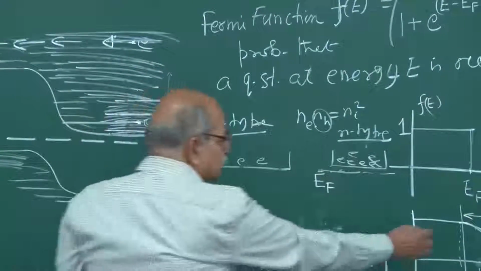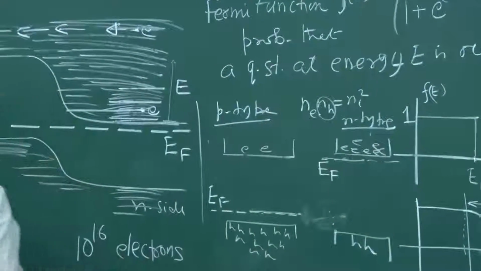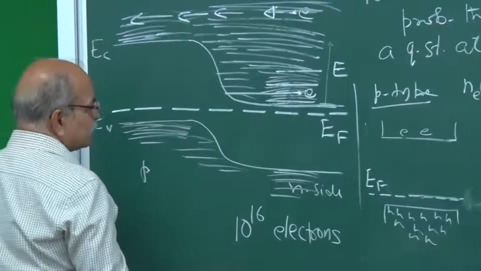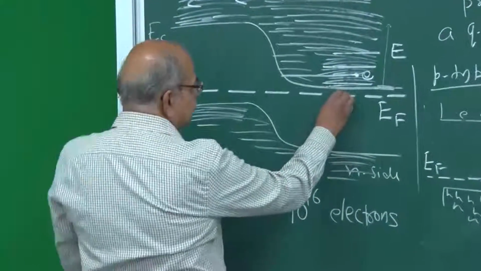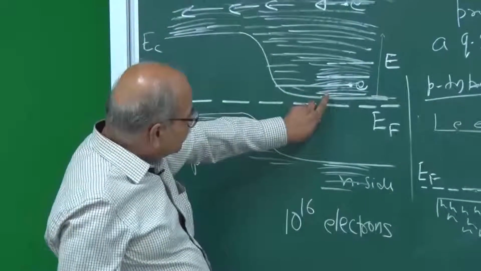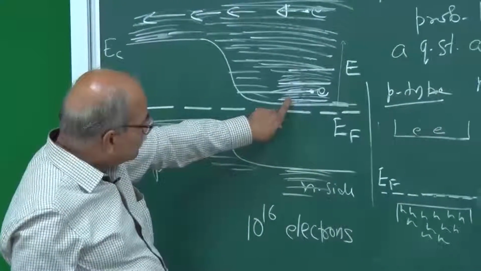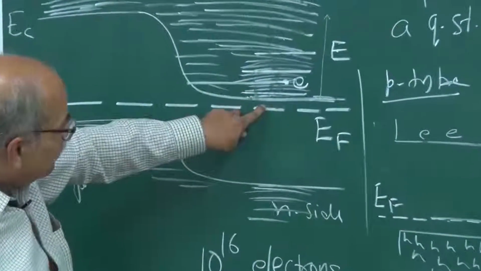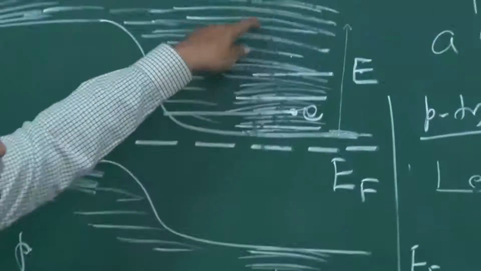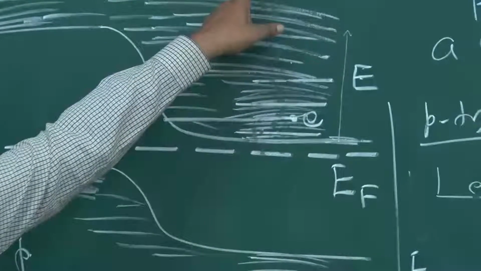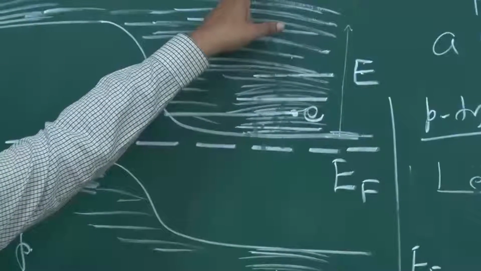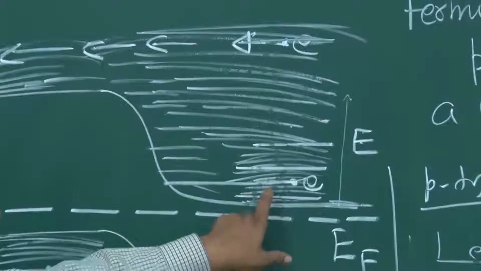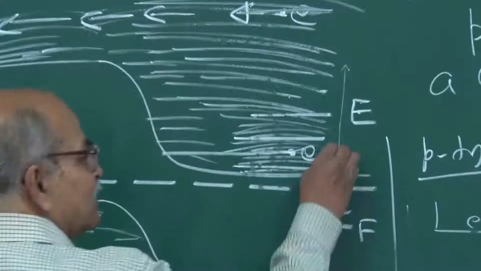As this function shows, if this is EF, then the occupation of these states will be large. As you go away from EF, the probability will decrease. But that's not exactly the number of electrons in this range. Suppose you take a small dE here.